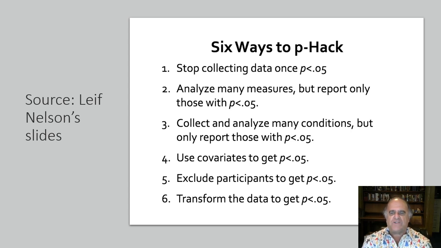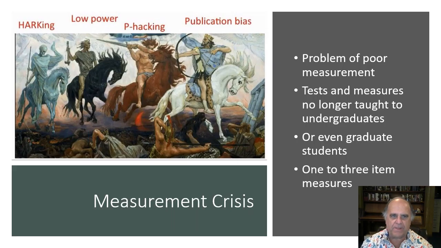Use covariates or control variables to get p less than 0.05. Excluding or omitting participants or subjects to get p less than 0.05. And transforming your data so that you get a p of less than 0.05. All those are seen as ways to p-hack. So again, there's harking, there's p-hacking.